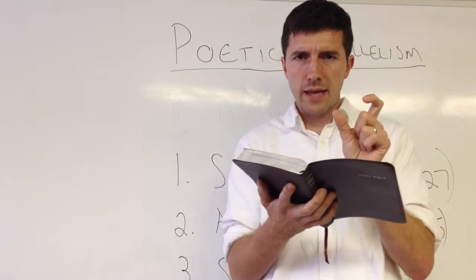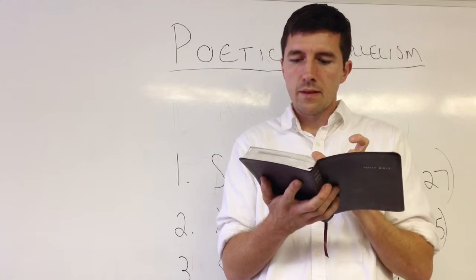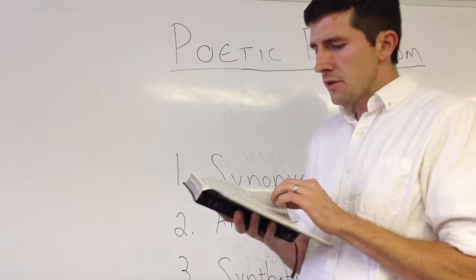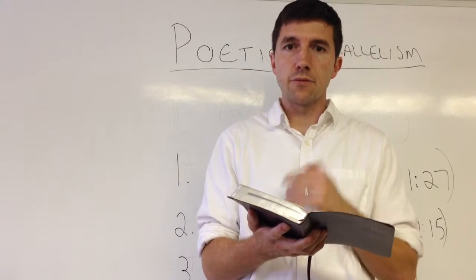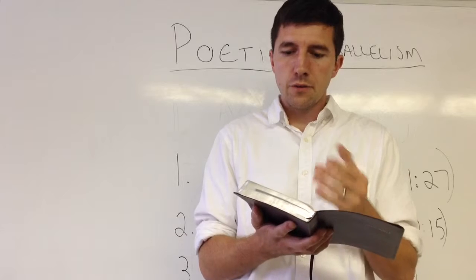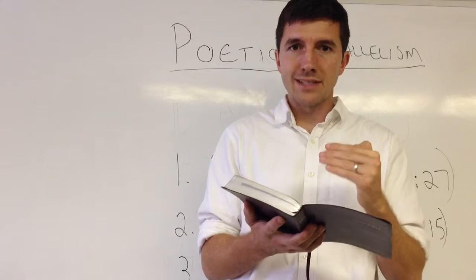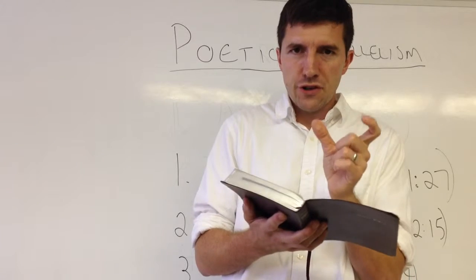So I want to focus on those last two lines. In the divine image, God created them. Male and female, God created them. In hearing that, you'll notice that "God created them" is repeated. What that often would do was indicate that the two lines here are synonymous. They're saying the same thing, but the first part changes.